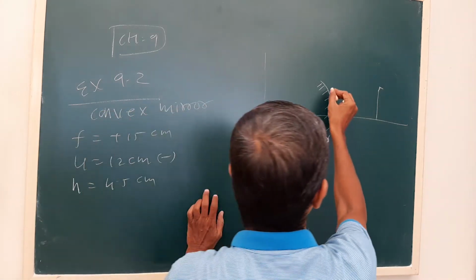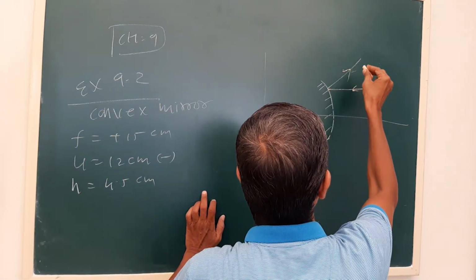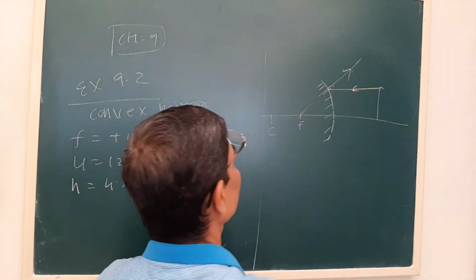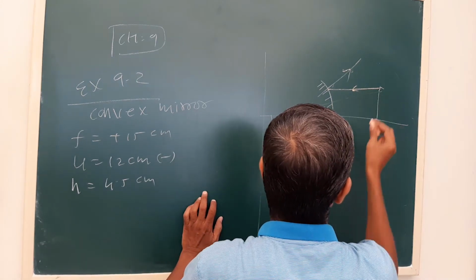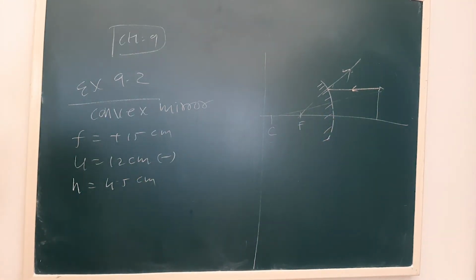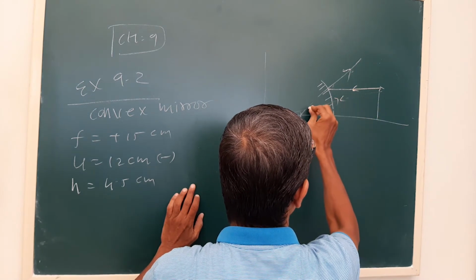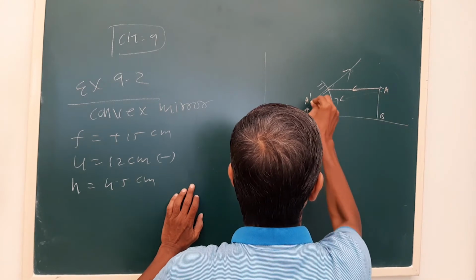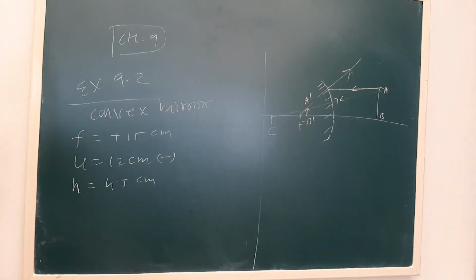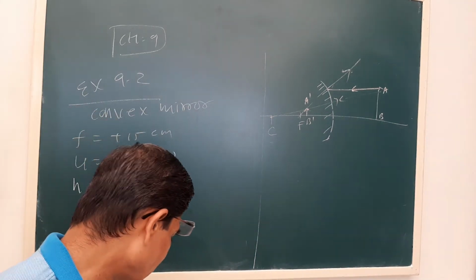So let us say the first ray parallel to the principal axis after reflection passes through F. Now the second ray we consider by using the reversibility. So when it passes through the C, it comes back in the same direction. So let us say AB is the object, A dash B dash is the image. Also we have seen earlier that the image formed by the convex mirror is always virtual, erect and smaller than the object.